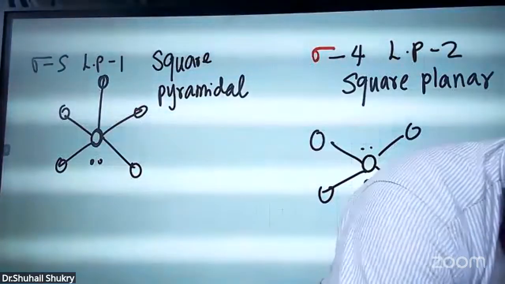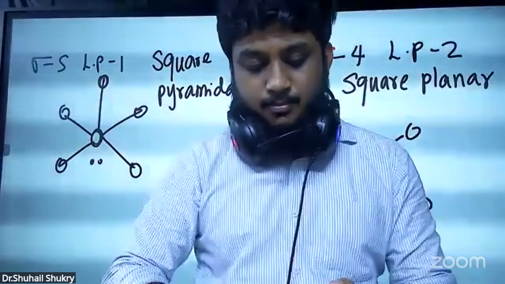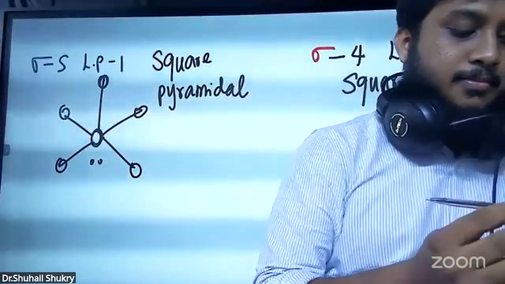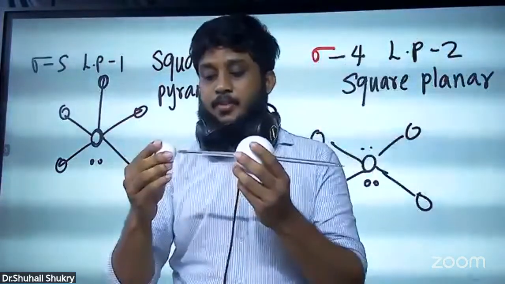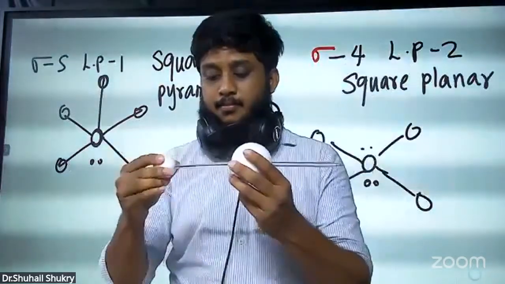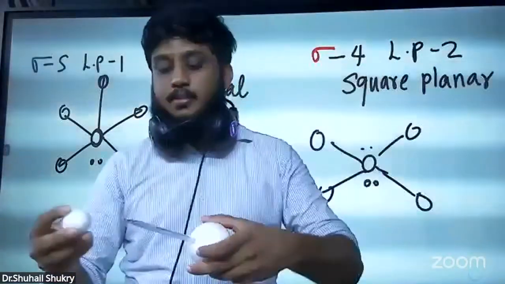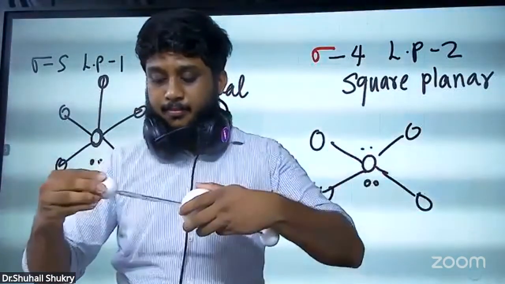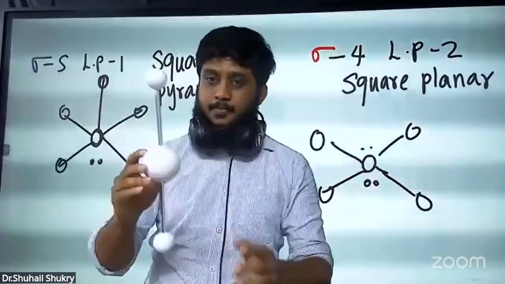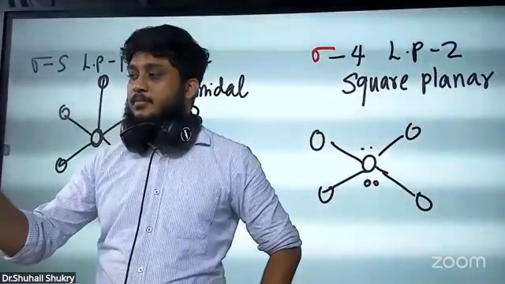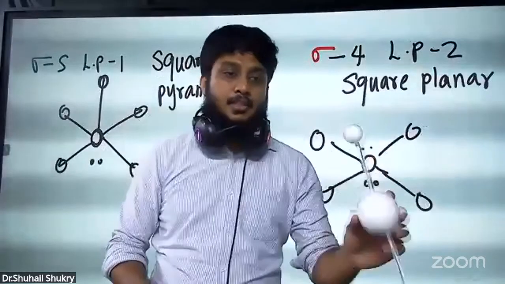Then if I fix one side here, if I fix the other side here, what is this? Linear shape, right? So this is the linear one. Again, everyone can see, right? So this is the linear.